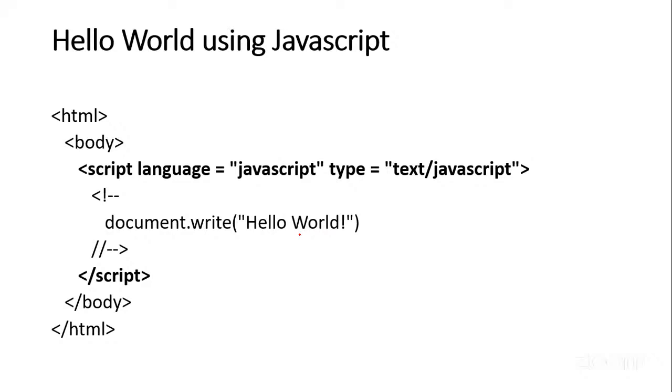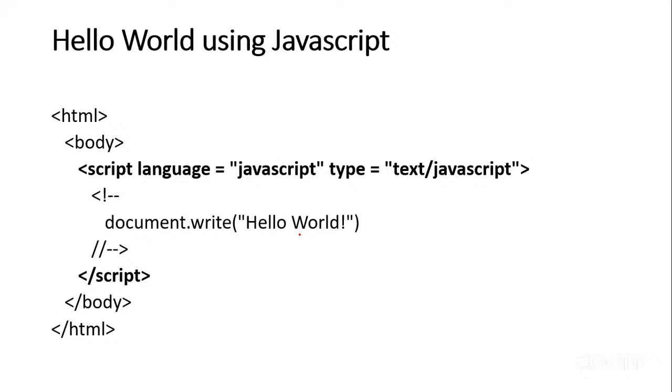Okay, we can embed JavaScript code in the HTML code. That is method one. The second method is to write the JavaScript code as a separate file and attach it to the HTML at runtime. These are the two methods we have to execute JavaScript code. Now, let us discuss these one by one.